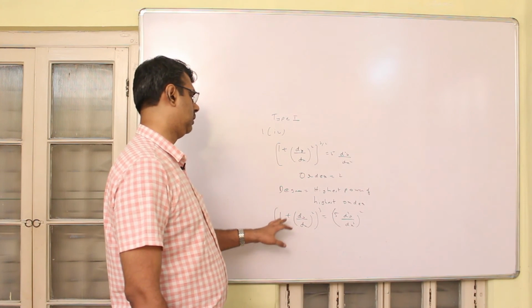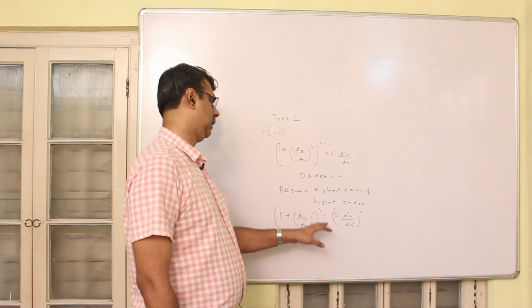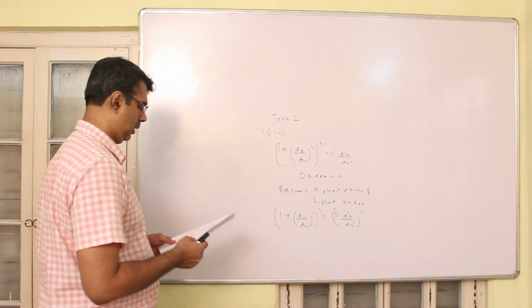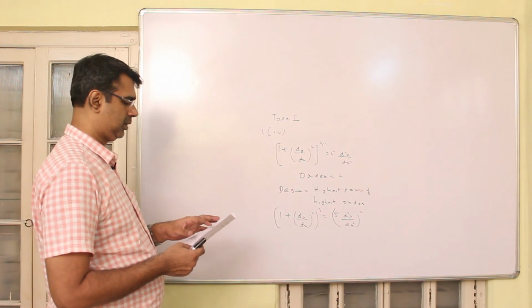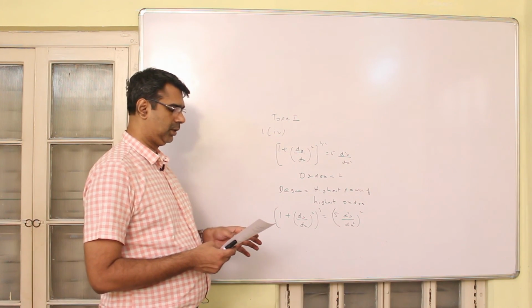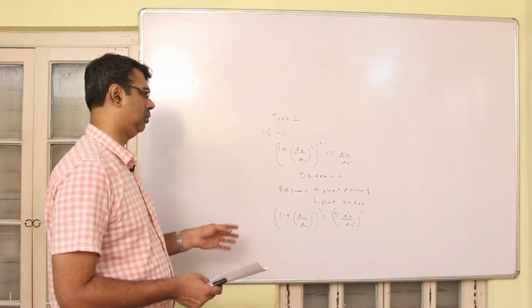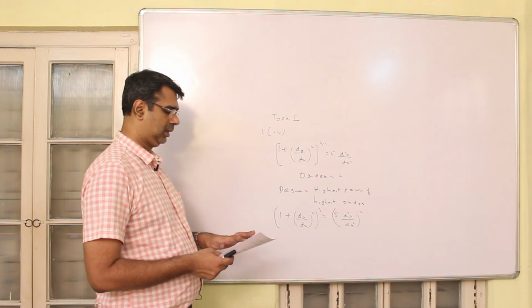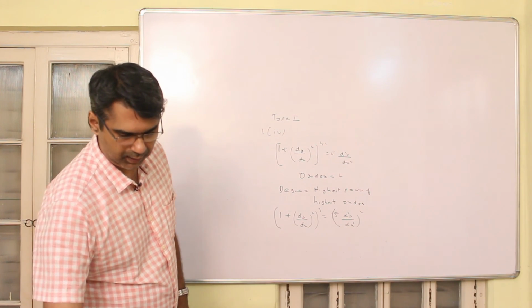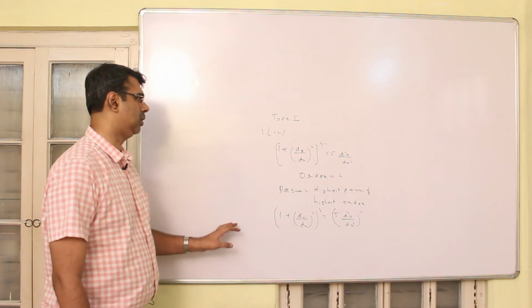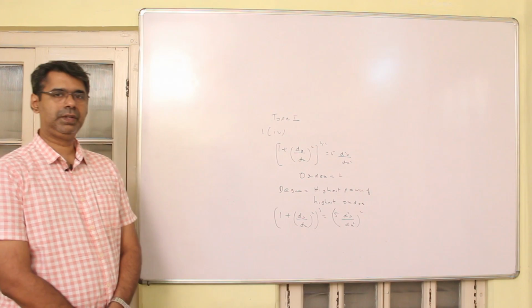So this equation will be of order 2 and degree 2. And apart from this, type 1 talks about linear equation. We have already seen what is a linear equation. So that completes type 1, and it also brings us to an end of this session of differential equations.